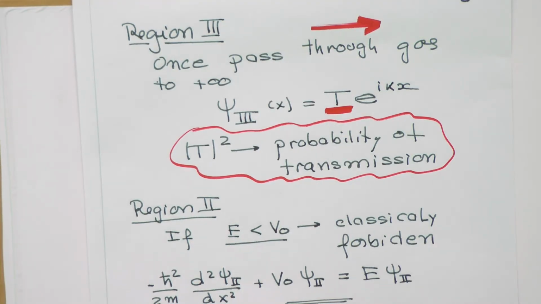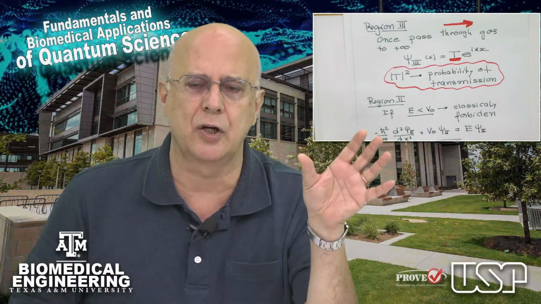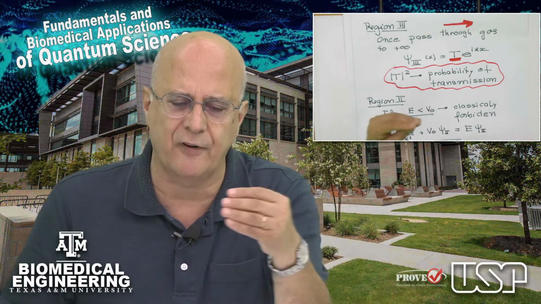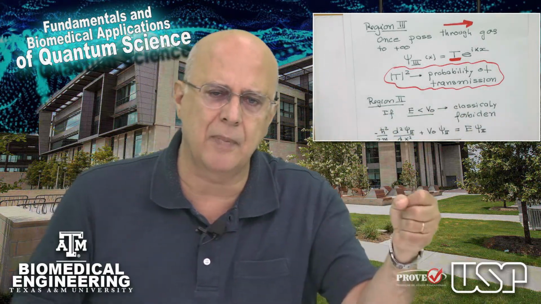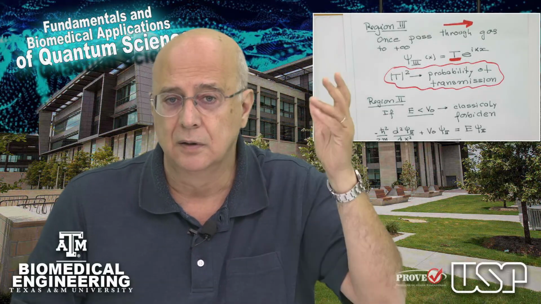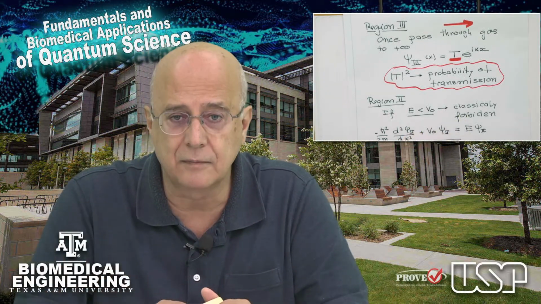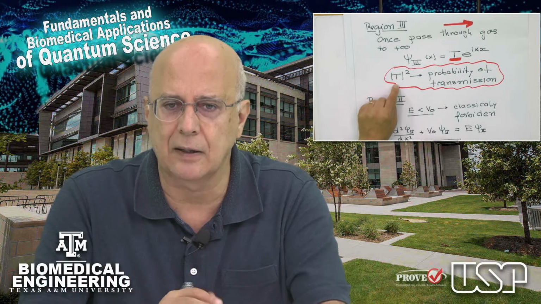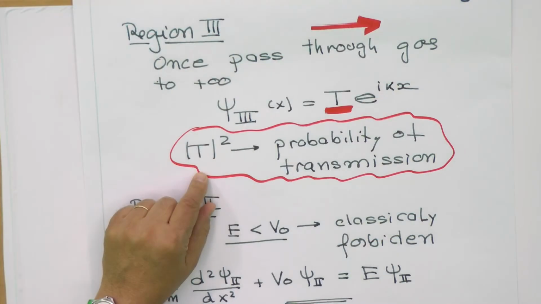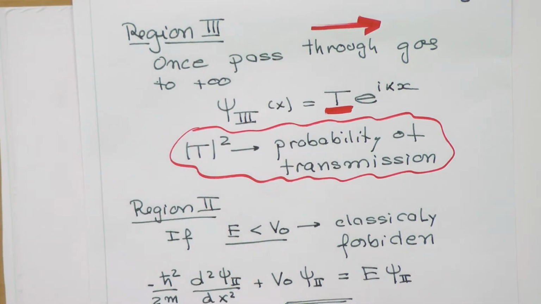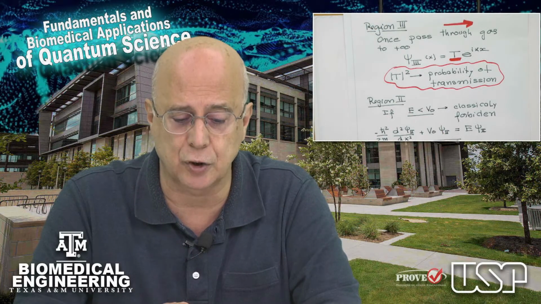Okay, so we have two parts. In one situation, we have particles coming, an incoming flux, which will be interacting, and maybe part of it goes back, or all of it, if r is equal to 1, everybody's going to go back. Now, there is a chance that the particle passes the barrier, because there is a solution in the forbidden region, the classically forbidden region, as we're going to show now.